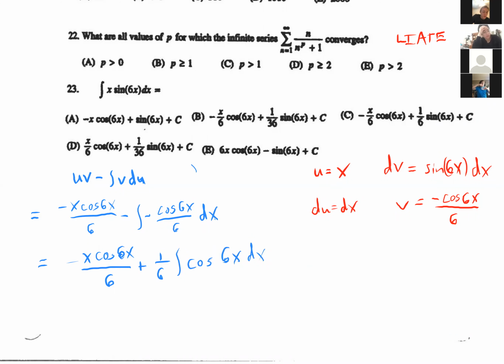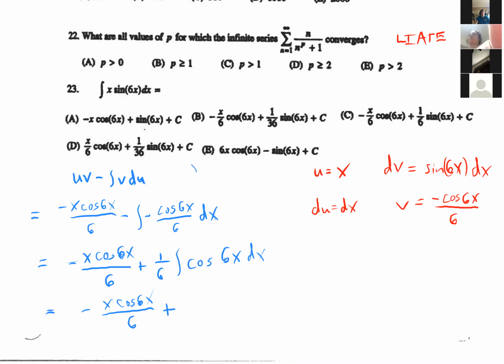All right, and now I'm almost done. So for my final answer, I can say this equals negative x cosine of 6x over 6, plus, well, the integral of cosine of 6x is just sine of 6x over 6.